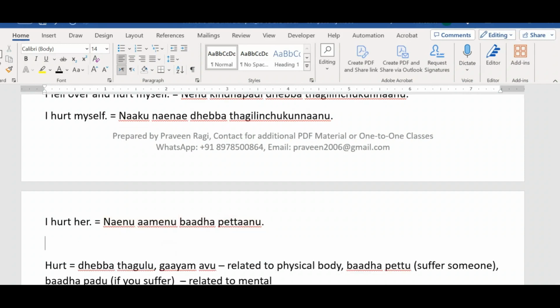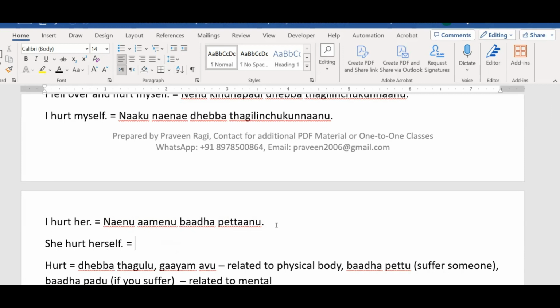Now let's see: she hurt herself. Usually for the same person, they will not do it mentally; they will do it physically only. For example, they hit something of their own. Nobody else did it.